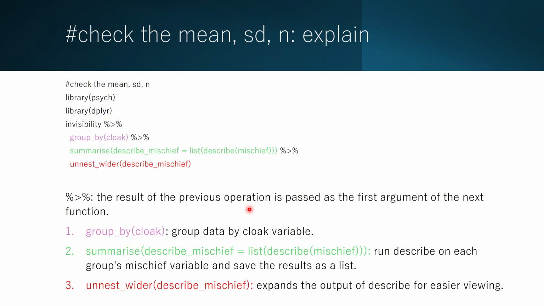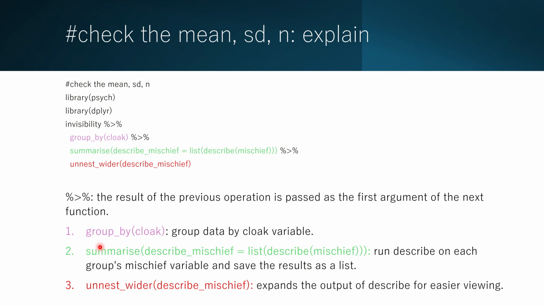The result of the previous operation is passed as the first argument of the next function. This pipe operator takes the result of the previous command. Many researchers today use the pipe because it is very readable.